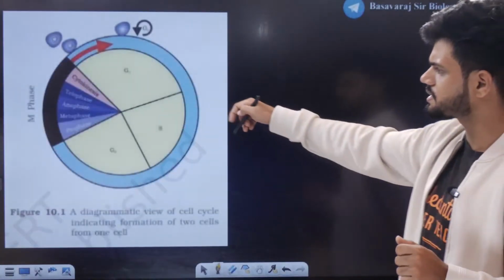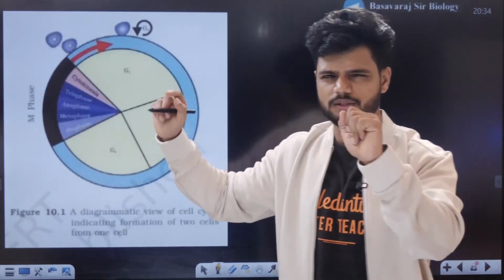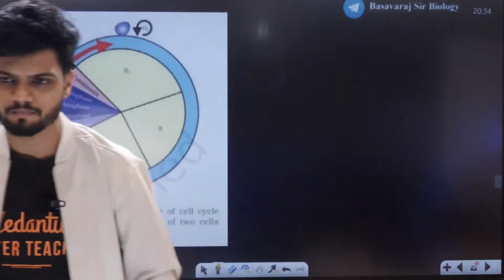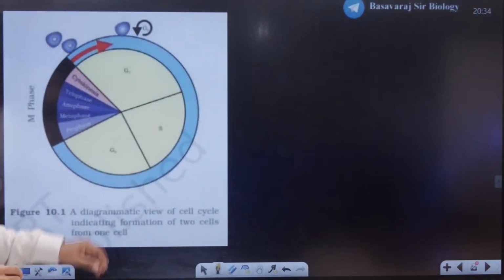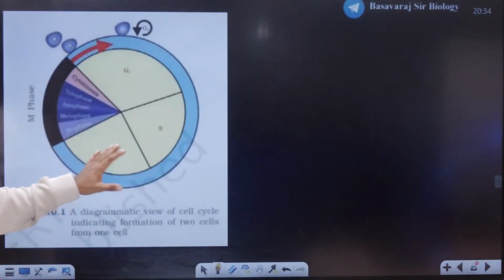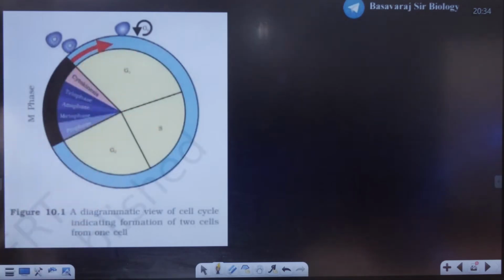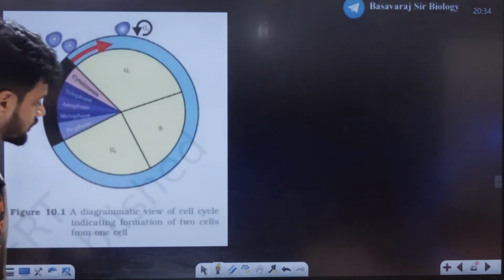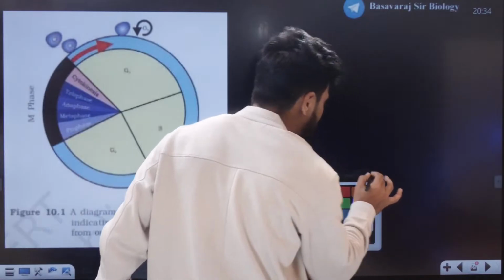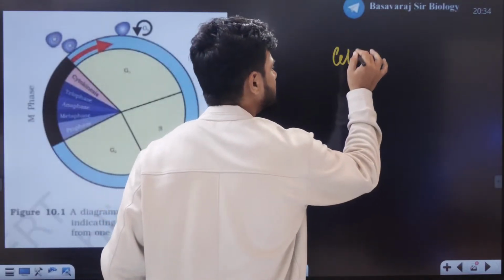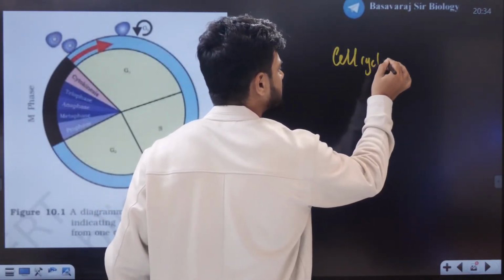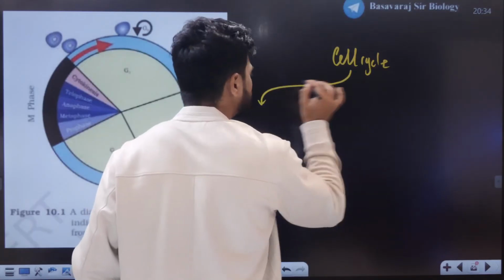I'll teach you what this structure is here. Focus. Small thing it is. Okay, now understand this part. The entire cell cycle is broadly classified into 2 categories.